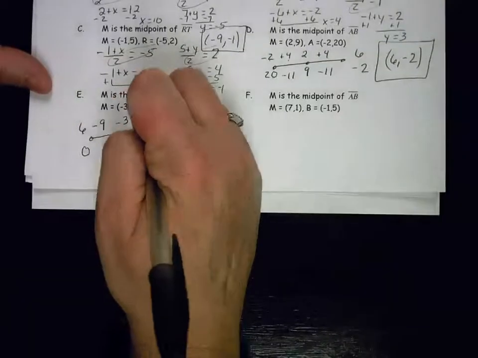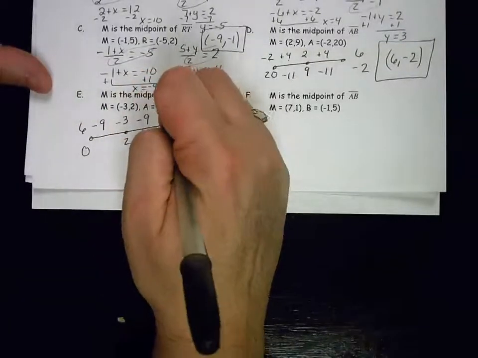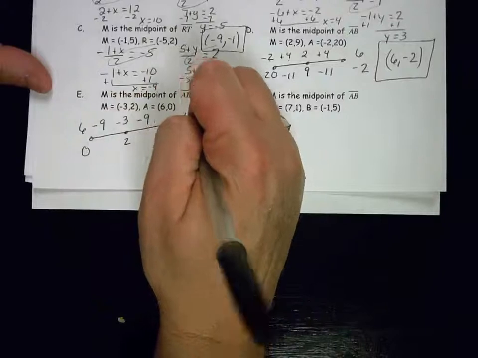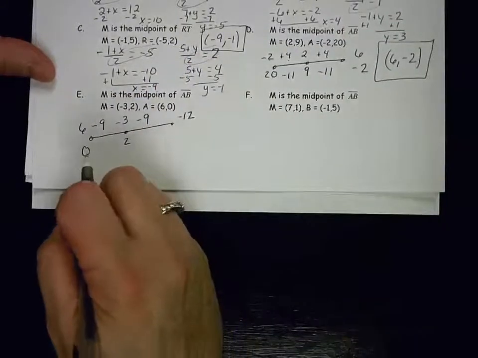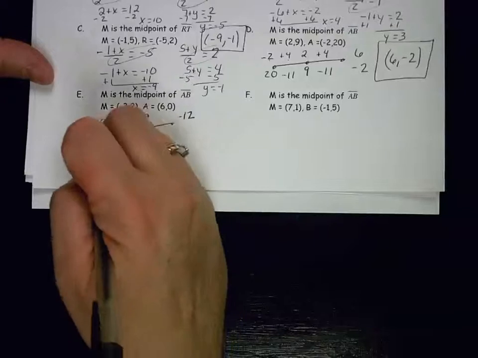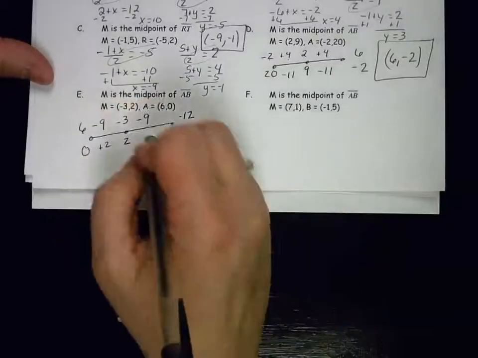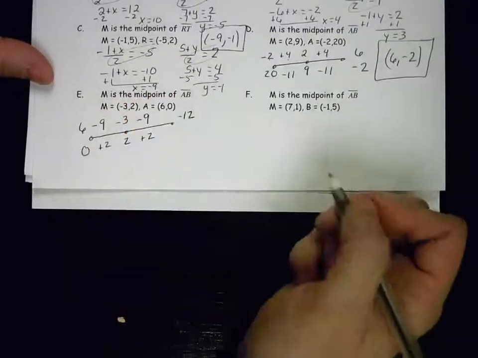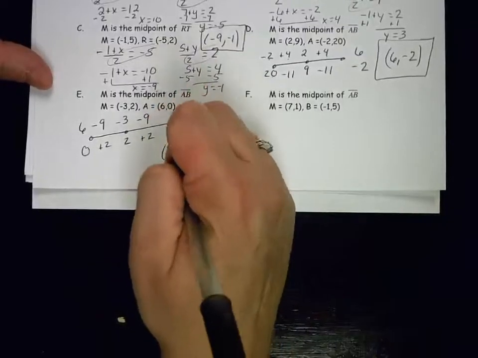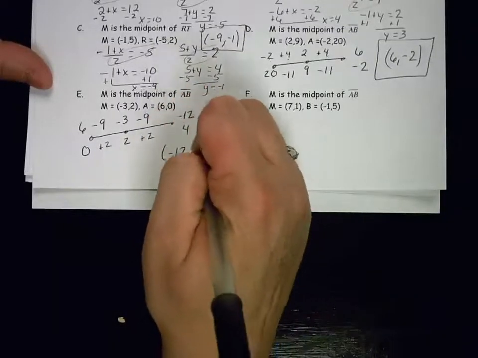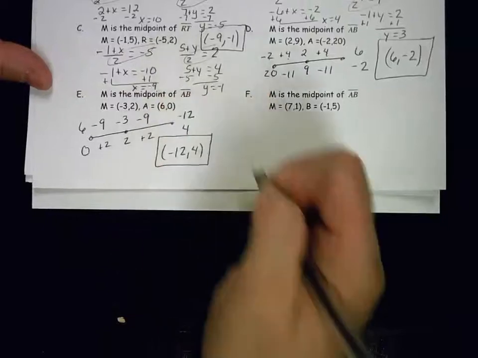If you're at -3 and you go down 9, you are at -12. And for our y coordinate, from 0 to 2, you went up 2. So here you would go up 2, which would be 4. And you would be at (-12, 4).